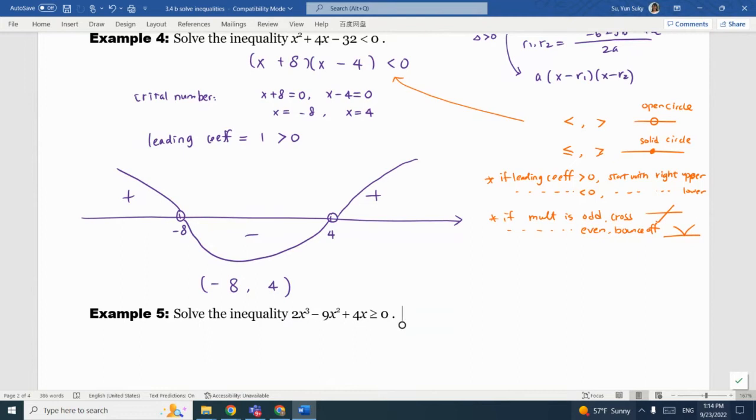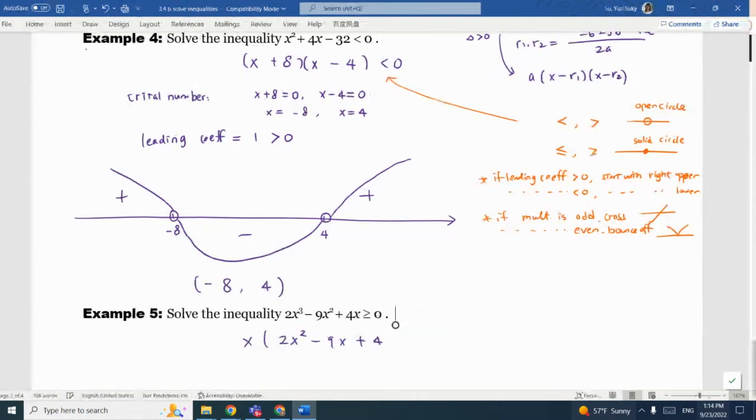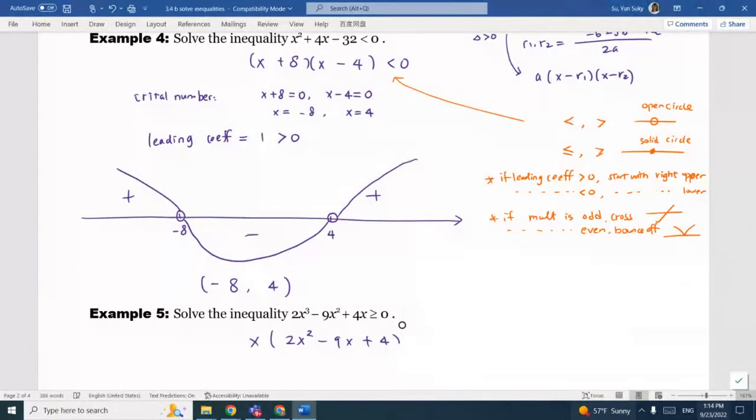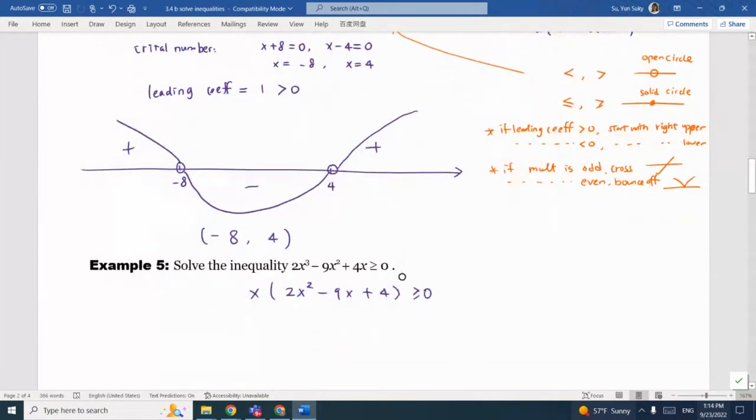Do you see a common factor? X. What's left? Okay, and this is greater than or equal to 0. Can you factor it? So for 2x squared, the factors must be 2x and x. And what are the factors of 4? 1 and 4, 2 and 2.